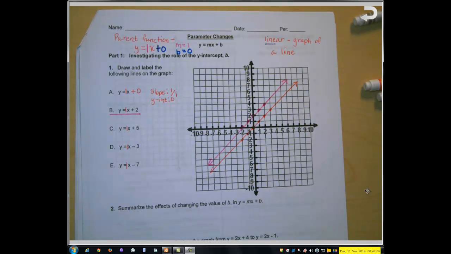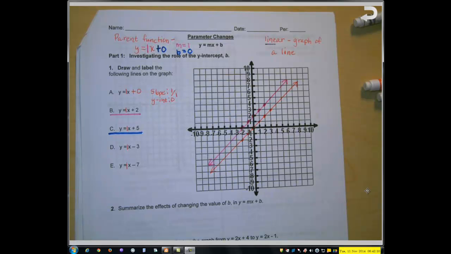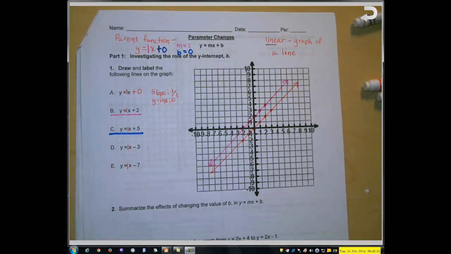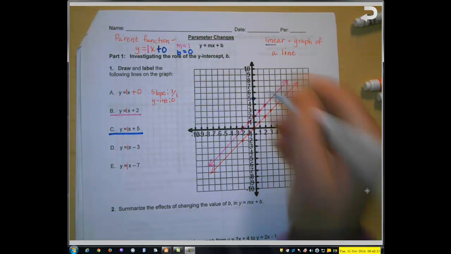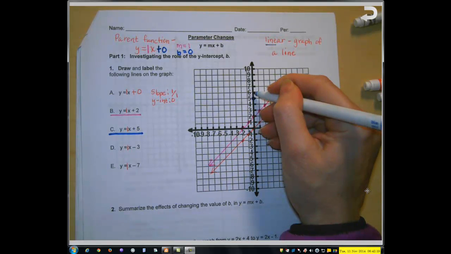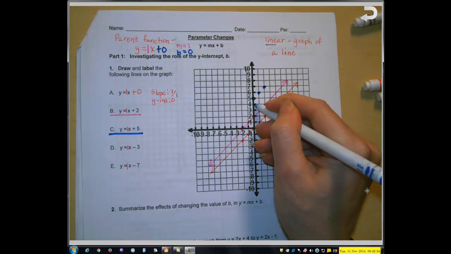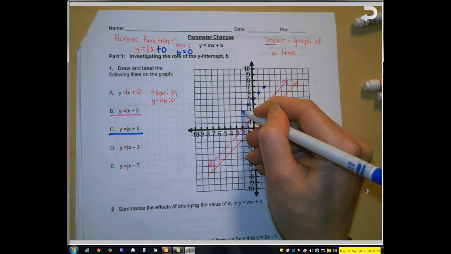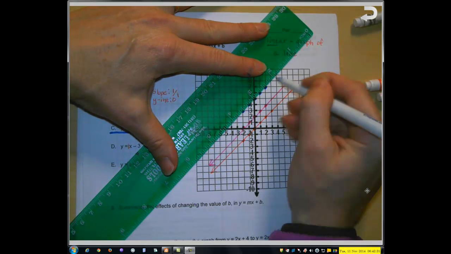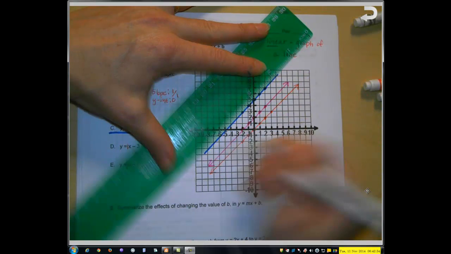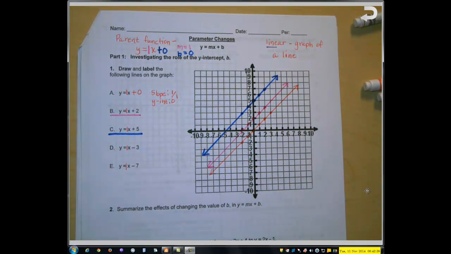Now we're going to graph y equals x plus 5. So again, our slope is staying the same, but our y-intercept has changed to 5. So we'll start this one at 5 on the y-axis. We'll move up 1 and right 1, up 1 and right 1, down 1 and left 1, down 1 and left 1. So how do you notice that these lines are changing?